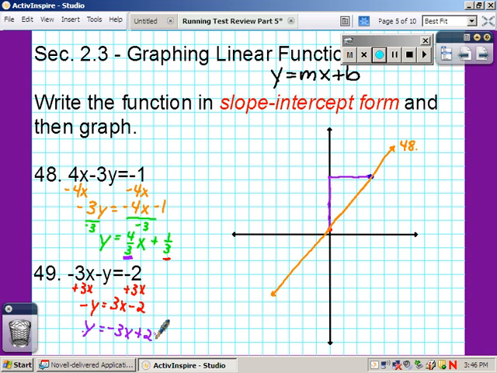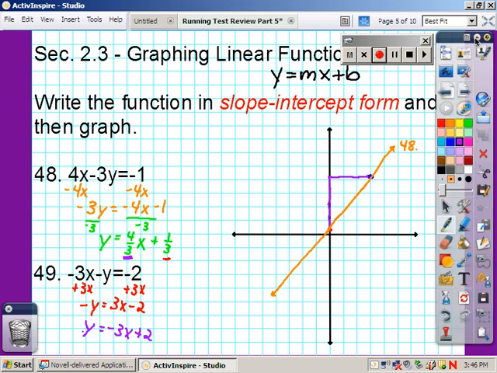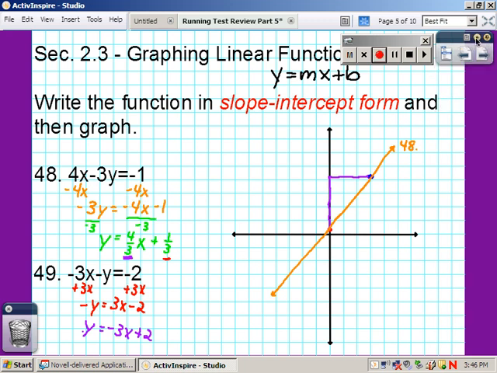But at that point, my equation is done. So I need to graph it. Well, I want to put the y-intercept right here on the graph. So I need a point at y equals positive 2 right there. And I also want negative 3, which means negative 3 over 1.